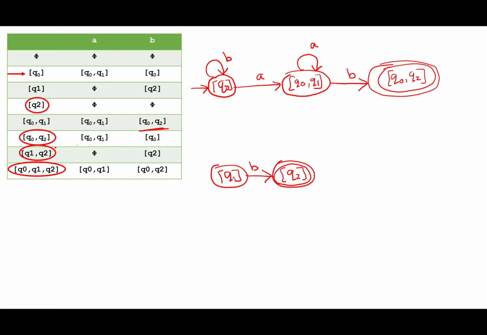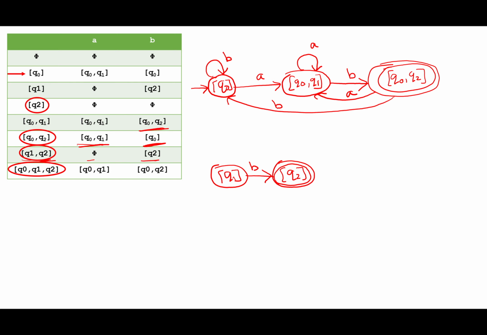The next, Q naught Q2 comma A is Q naught Q1, so here it is A. Then Q naught Q2 comma B is Q naught, so it is B. Then Q1 Q2 is null.